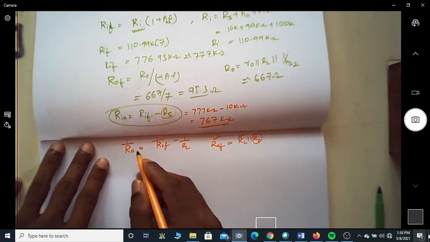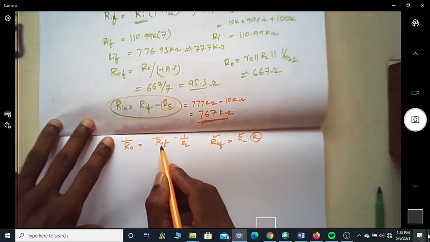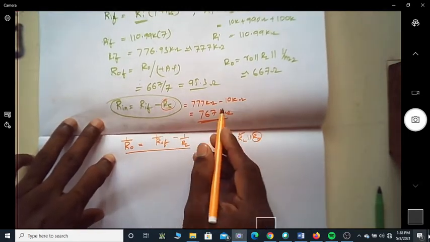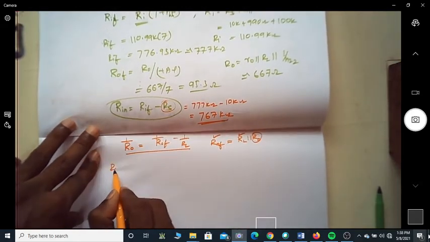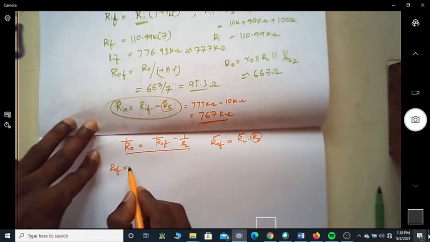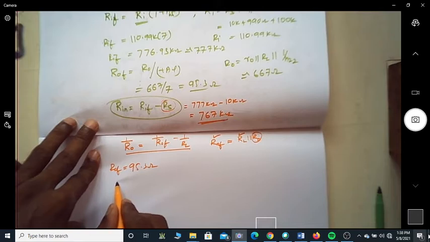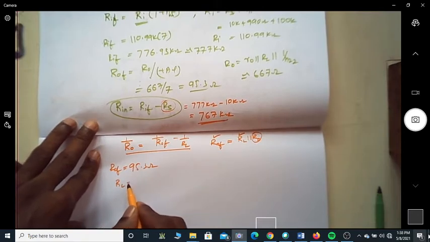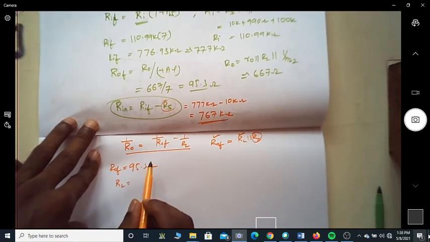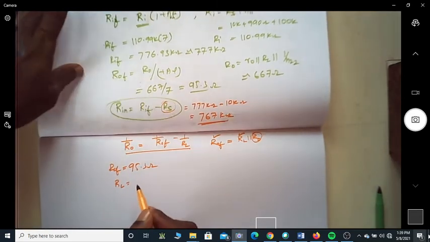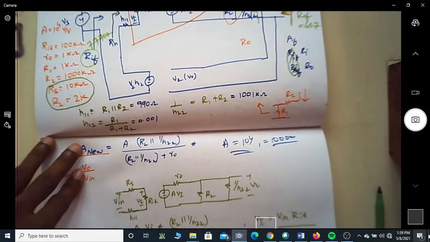Substituting, ROF is equal to 95.3 ohm, and what is RL?